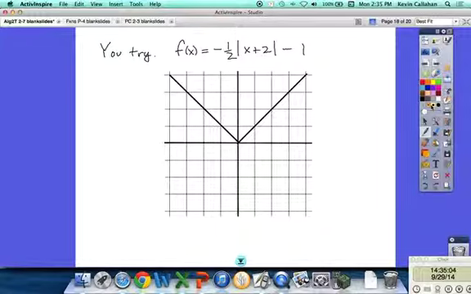The +2 means left, and then down 1. So there's your vertex. Draw that in. Now it's going to open up or down. Down, right? So it's going to be going somewhere like that, but because of the 1/2, it's not going with a slope of 1. It's going like that.